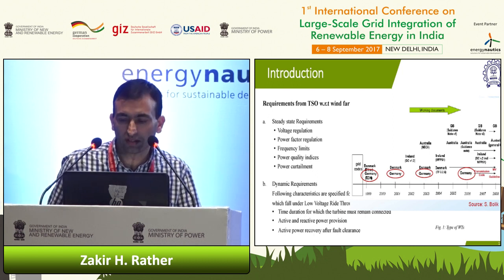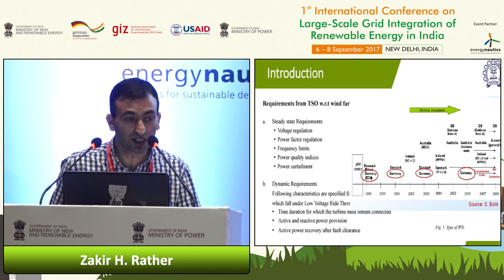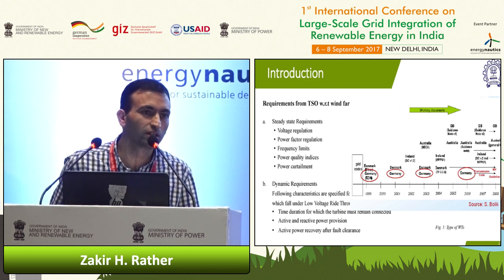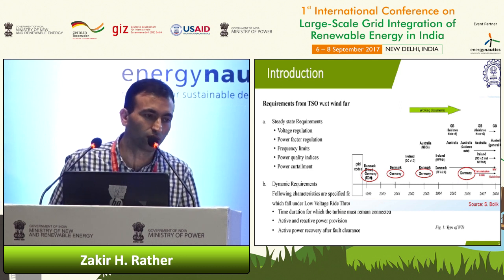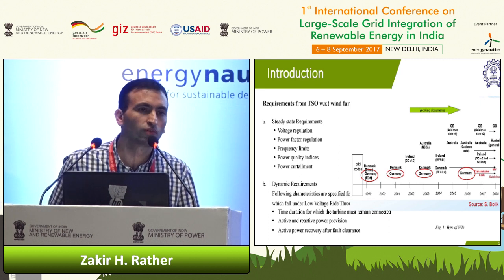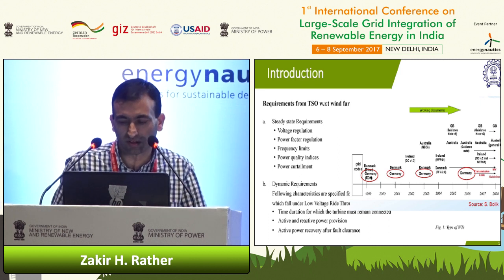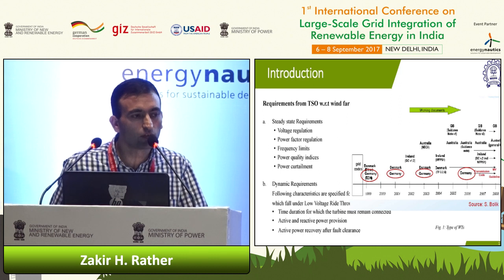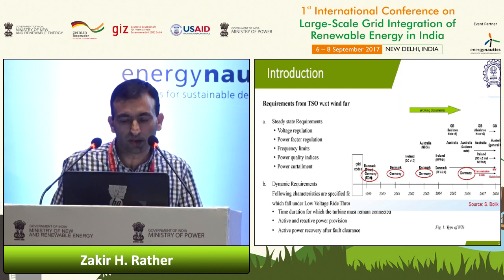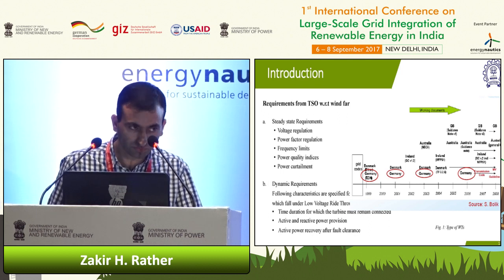The grid code, as you see here, has started as grid code for wind. When we say grid code, it is primarily grid code for wind or solar maybe, but the grid code for conventional power plants has been in place for a long time anyway. So the grid code for wind started way back in 1999 to 2000 in Denmark and Germany.